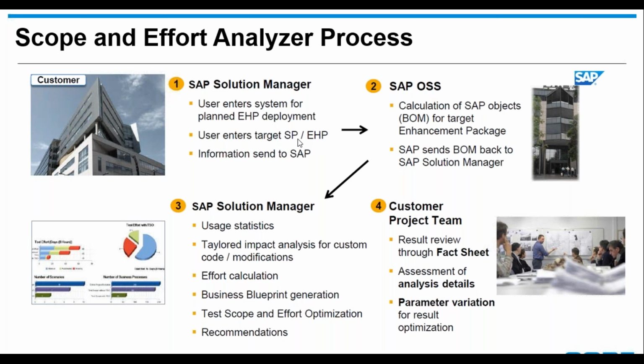So if you're going from 7 to 8, you would enter the target of 8, and then you send that information to SAP. SAP calculates the technical bill of materials, and we'll talk about that a little bit more, for the enhancement pack. And then it sends the bill of materials back to Solution Manager.